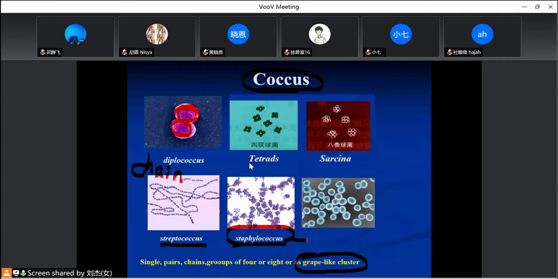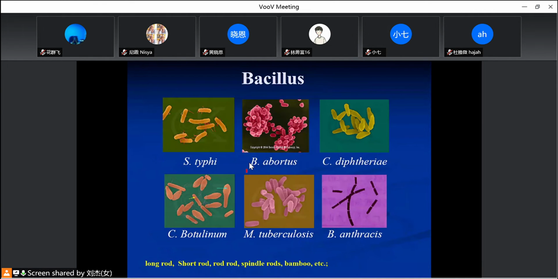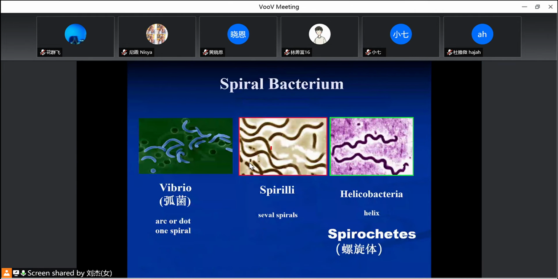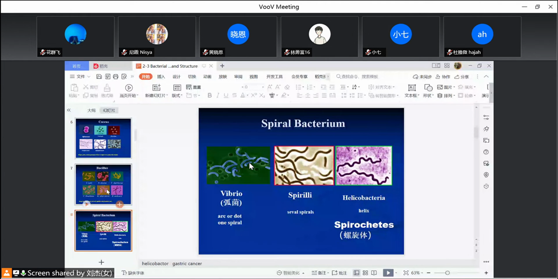Maybe some students will ask, what about the third picture? Does it also form a cluster like this? Does it also look like grapes? Of course, this one isn't. Here you can see some of them, two joined together as a couple, and some of them are just single. Let me check if I have some other pictures about the cluster.